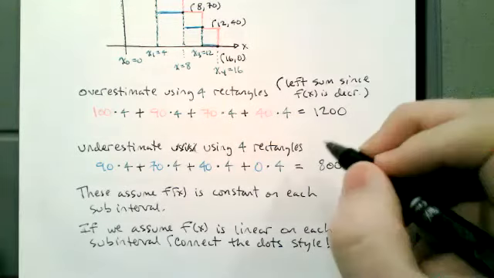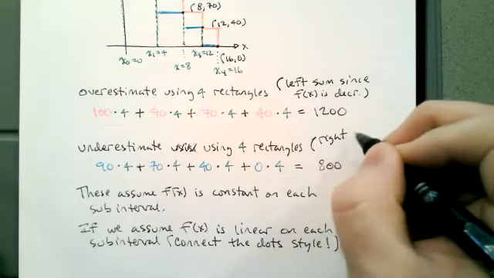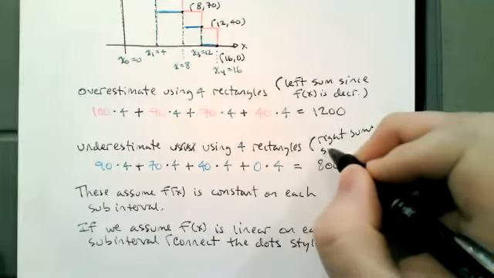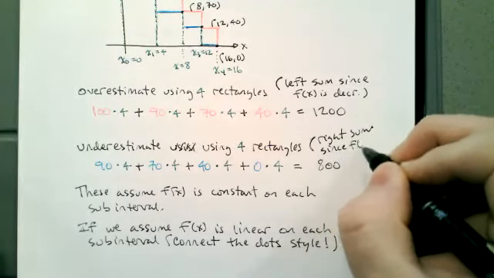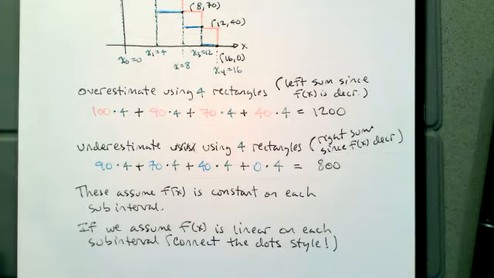So here we have the left sum, and this is the right sum. Since f of x is decreasing. So when we assume that f of x is linear on each subinterval, 2 things happen. The areas that we're calculating are trapezoids, and we can just find the average of the left and right sum.